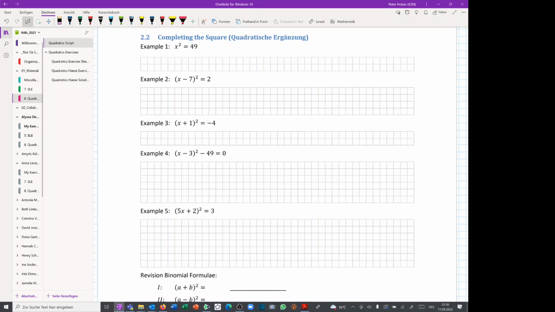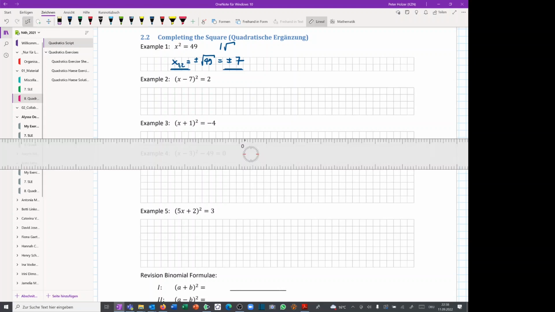Solve that, stop the film, and here comes the solution. Well, take the root, and we get two solutions. x1,2 equals plus minus the root of 49, which means plus minus 7. Remember, when we take the root to solve an equation, don't forget the plus minus.